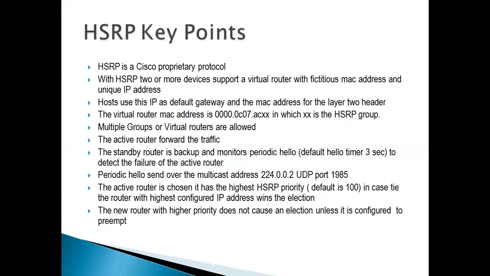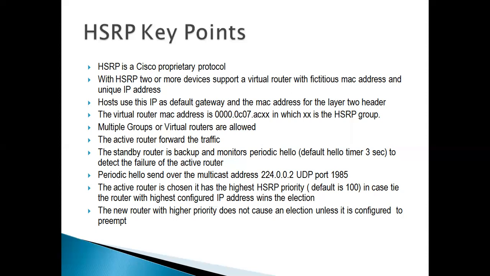The multicast address is 224.0.0.2. On this multicast address, they send their hello messages to the active router in the group, and the hello messages are sent on UDP port 1985.